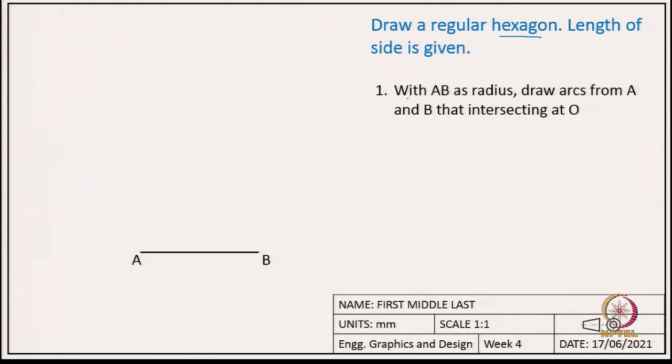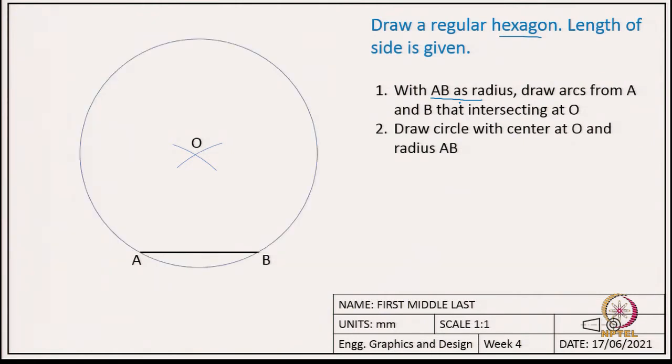So, now what we will do is with radius AB, we will draw a circle. You will first identify the center of the circle with the two arcs. This procedure is similar to what we did for the equilateral triangle in the previous slide. Okay. But now with O as the center, we will draw a circle and the radius is AB. Okay. So, this is that circle.